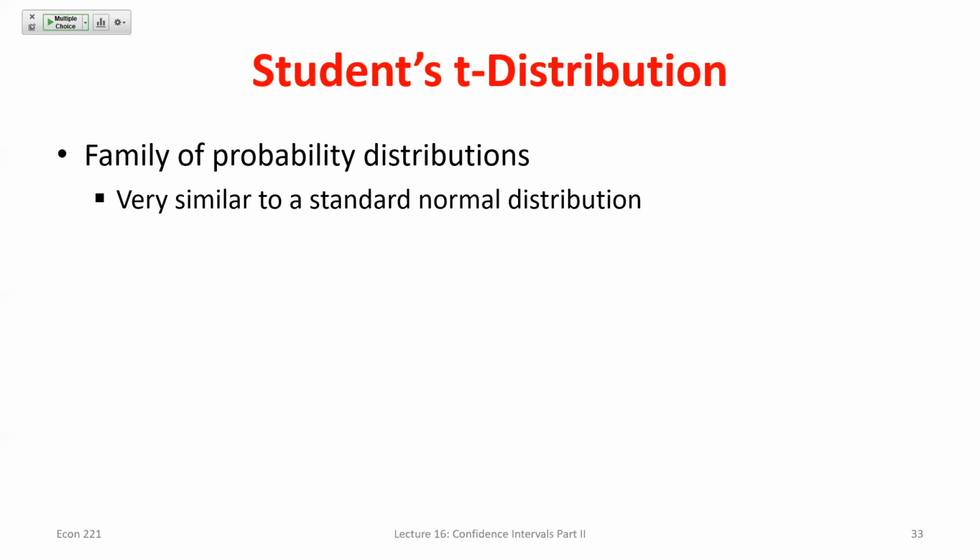This is kind of what that pre-class video was about, which hopefully you watched before class today. You can go back and watch that because it's a really good way to understand the student distribution. So let's assume this was our standard normal distribution.